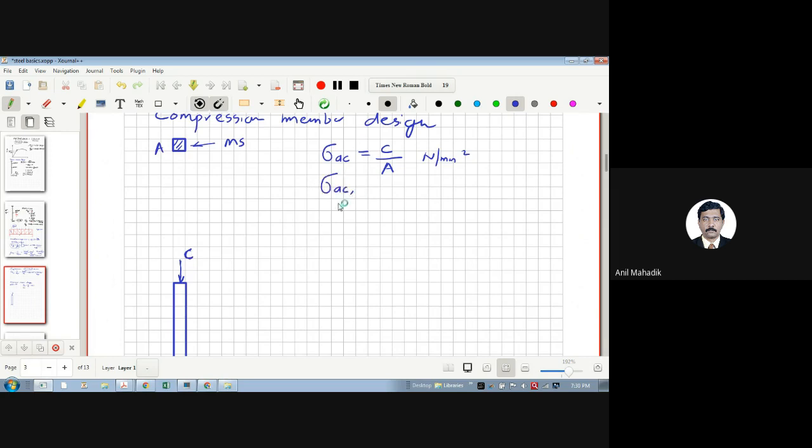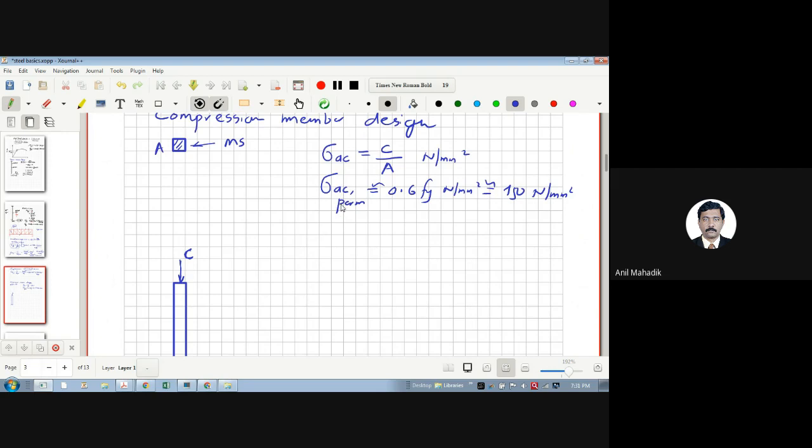As it is a steel material, the permissible stress maximum is near 0.6, so I can say it will be near 150. I'm just giving this example, permissible stress in axial compression.